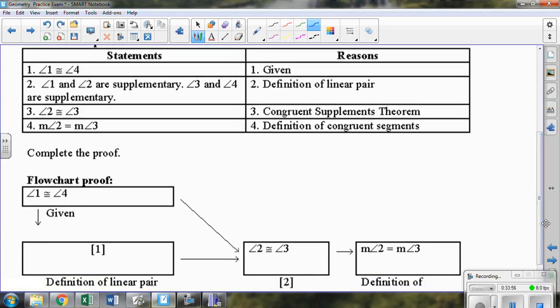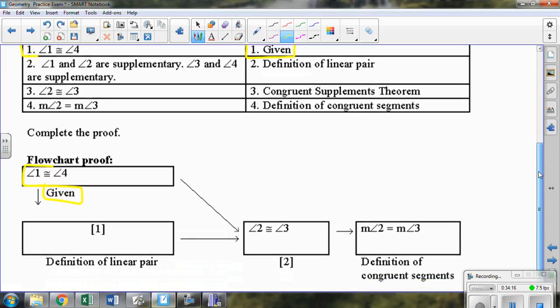That should be fairly straightforward because we know with a flowchart proof, each line, the box, is the statement, and the reason is tied right below it. Therefore, it's pretty easy to recognize what needs to go into the flowchart proof because we can identify the reason right here, and we know that the box is going to be the statement that's tied with it.